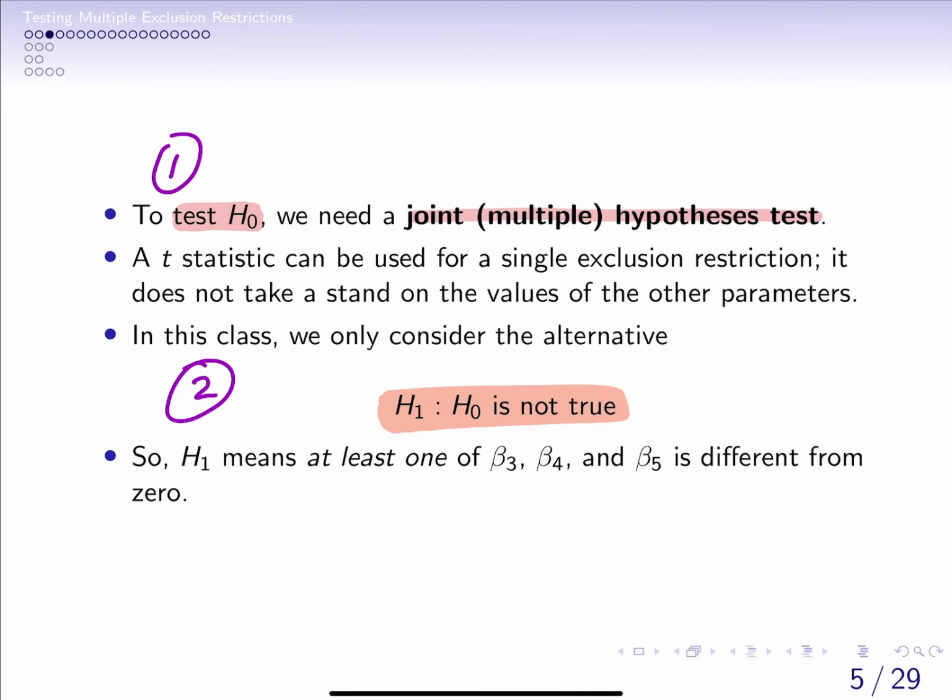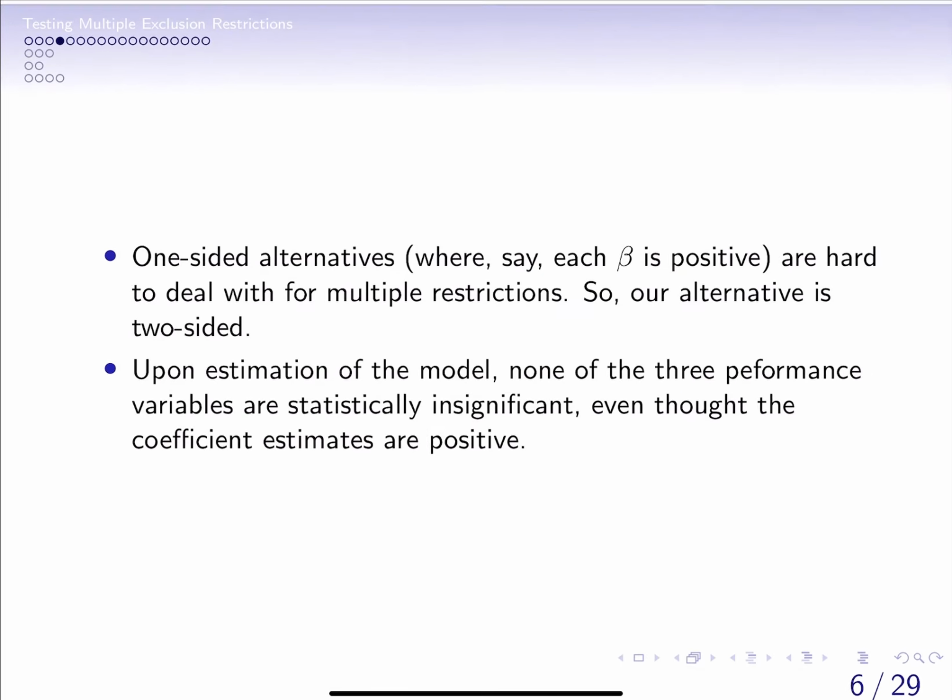In other words, we can specify the alternative by saying that at least one of beta 3, beta 4, or beta 5 is different from 0. Any of these or all of these or some of these can be different from 0, and that would be our alternative hypothesis.